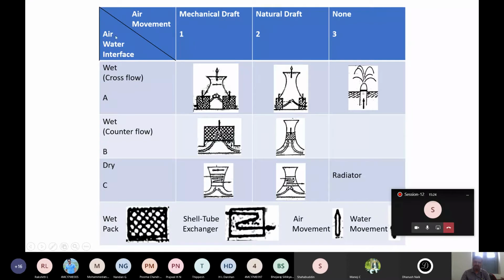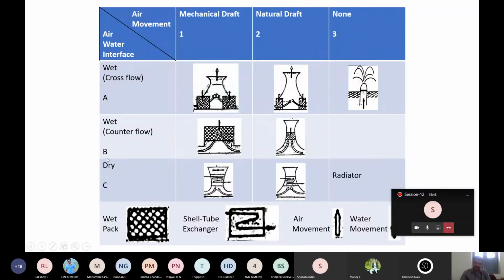That is the principle on which designers are working in this application. Here we are considering the air-water interface. If air and water have direct contact or mix with one another, then that is called wet.